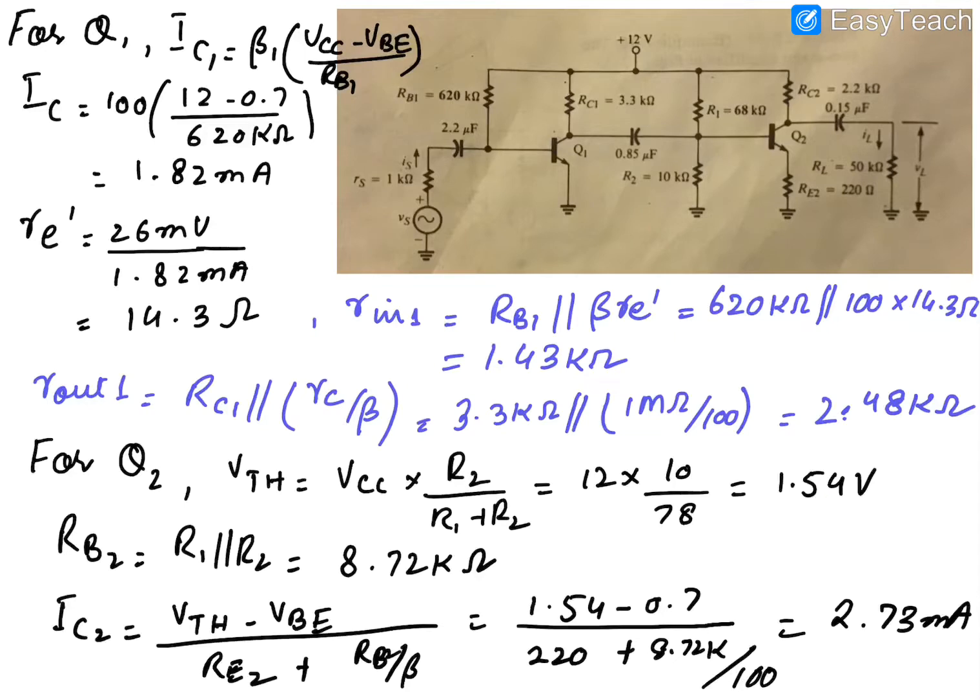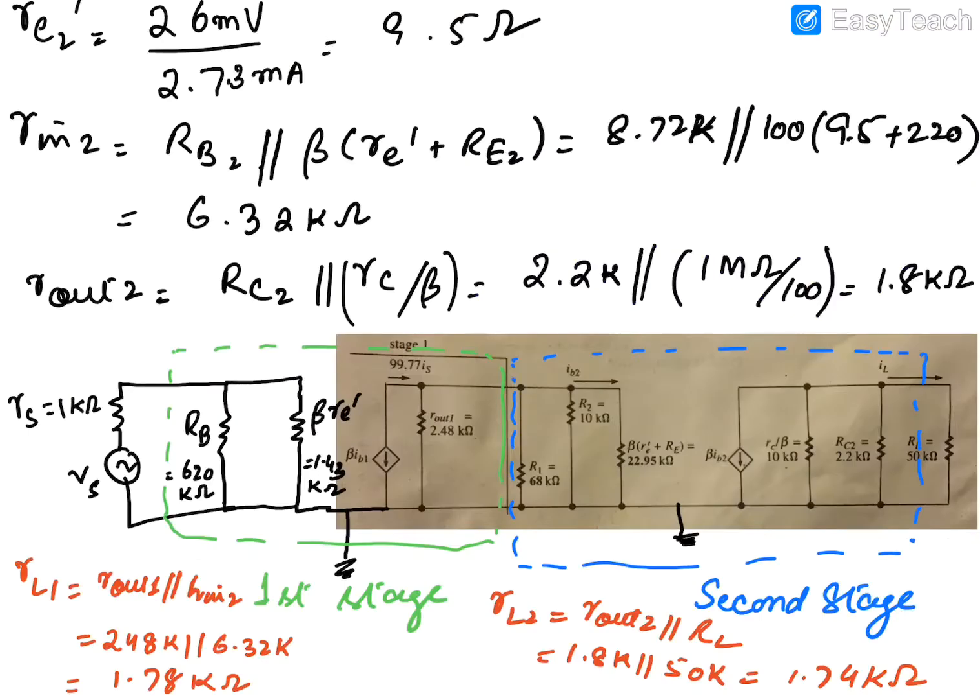RB2 is the parallel combination of R1 and R2, and IC2, the collector current for Q2, the second stage, is equal to V Thevenin minus VBE divided by RE2 plus RB2 divided by beta, and it is equal to 2.73 milliamperes. So next we will find the internal resistance of the emitter for the second transistor, and it is equal to 9.5 ohms.